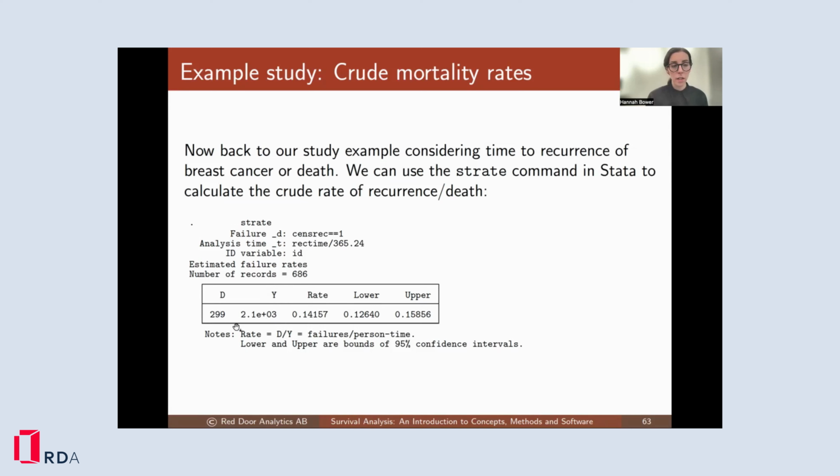You can see that with this unit, it's quite difficult to interpret this. But what we do when we calculate the rate is that we calculate the number of events D divided by this person time at risk Y, and we get a rate of 0.14. So this is the rate of recurrence or death per person year. And we also have a lower and upper confidence interval for this rate.